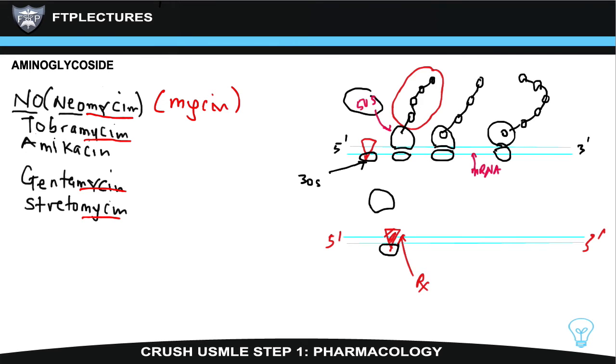Mycin. Remember that. That's very important. But the mnemonic is the most important. NO TAGS, okay? NO TAGS: neomycin, tobramycin, amikacin, gentamicin, and streptomycin.